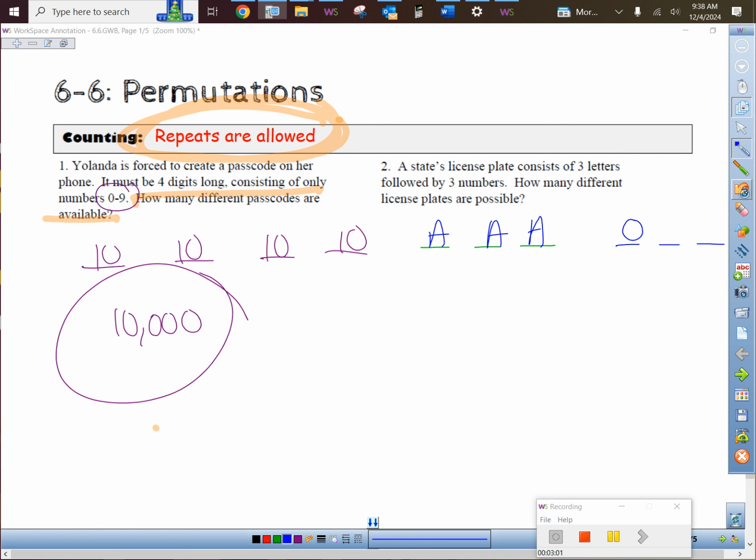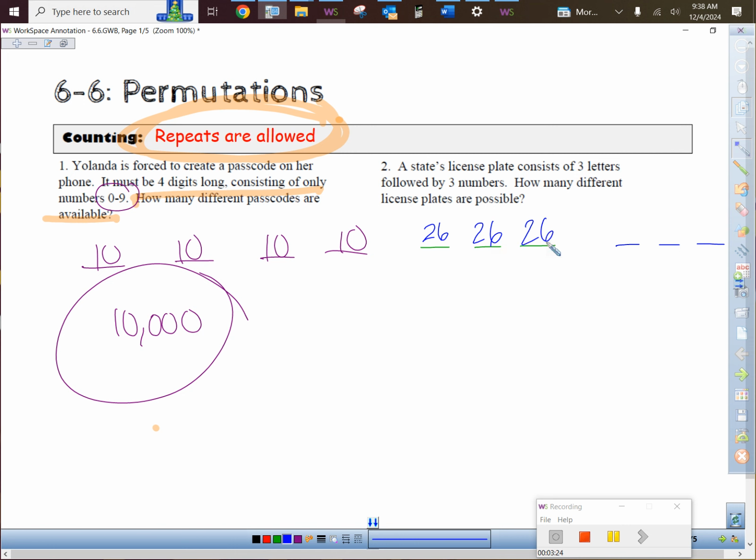The first ones are letters. In the English alphabet, do you know how many letters there are? 26. There are 26 choices for the first part of that license plate. It could be an A, a B, a C, etc. How about the second one? Since repeats are allowed, how many choices? 26, we didn't have to remove any. And the third one, 26.